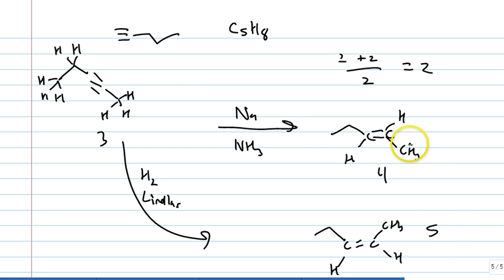Okay, both 4 and 5 undergo reaction with ozone. Whenever you see ozone, ozone cuts this double bond exactly and adds oxygens across that. Have you seen this before? Okay. Let's talk about ozonolysis.